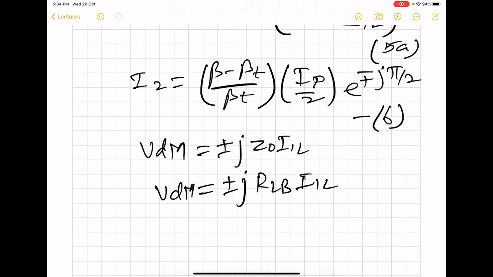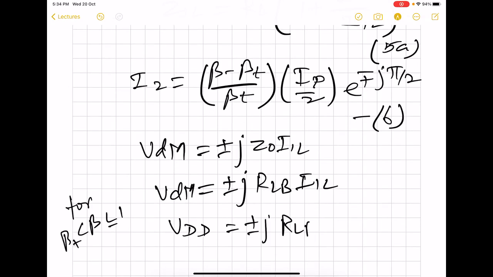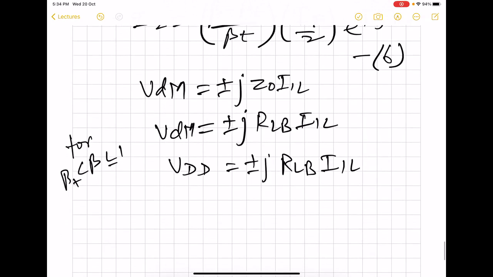For this entire upper drive region, because we are finding this for the upper drive region, this VDM is going to be VDD. So this is plus minus j RLB I1L. And this plus minus j can be written like this.